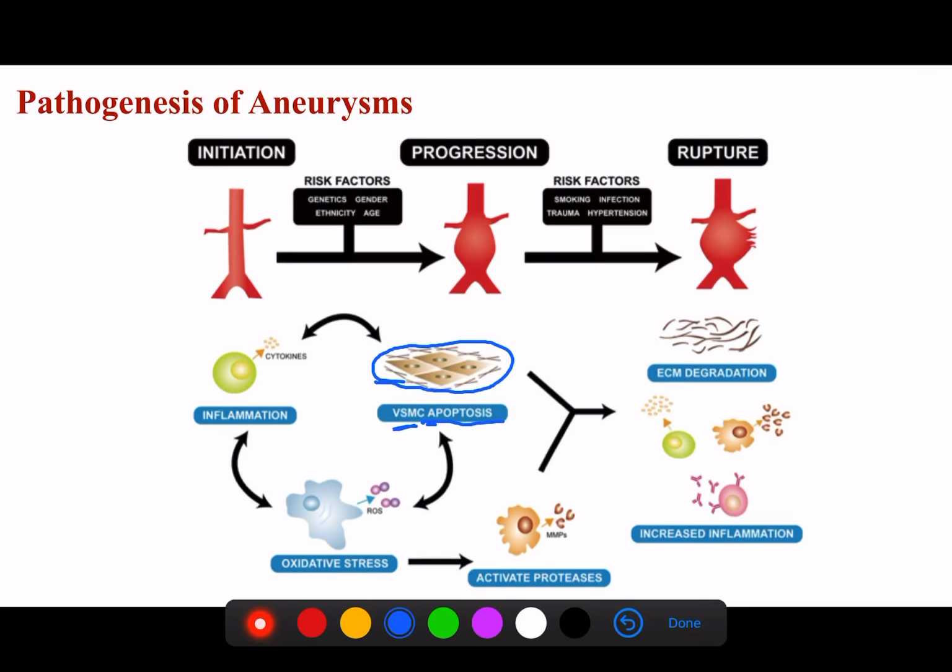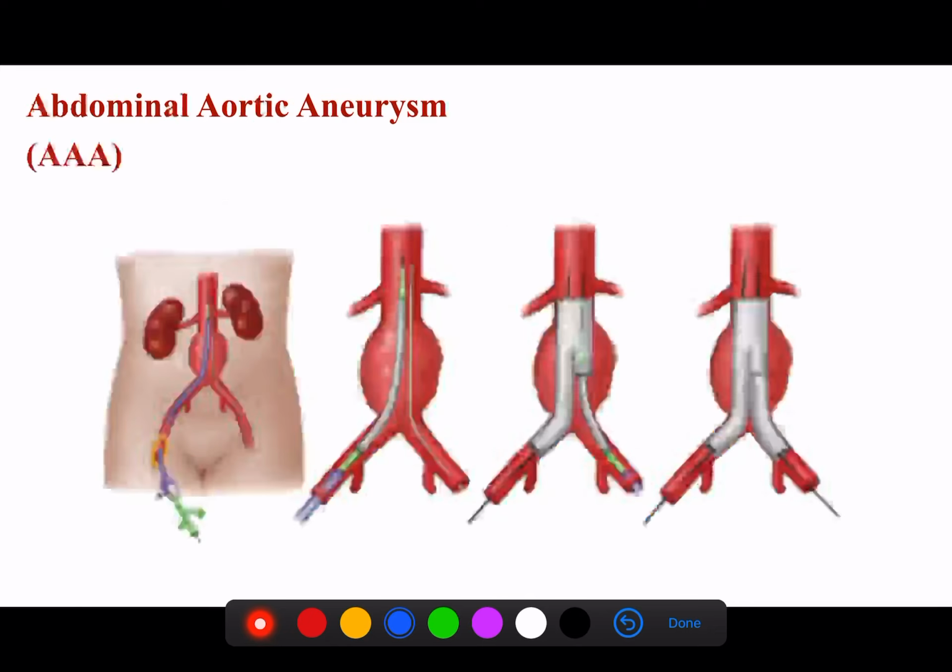When inflammation occurs and matrix metalloproteases are secreted, this protease will digest the smooth muscle, digest the collagen, digest the extracellular matrix. All these cause extracellular matrix degradation. All this leads to weakening of the wall. Weakening of the wall with high blood pressure leads to dilation of the wall and bulging as an aneurysm.